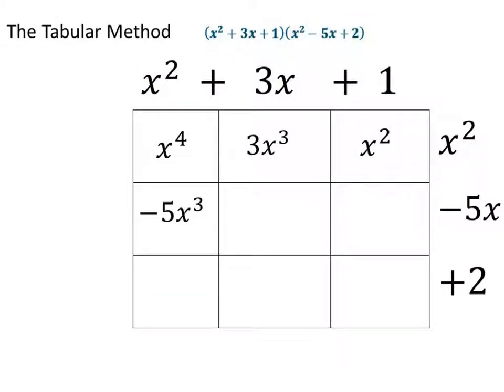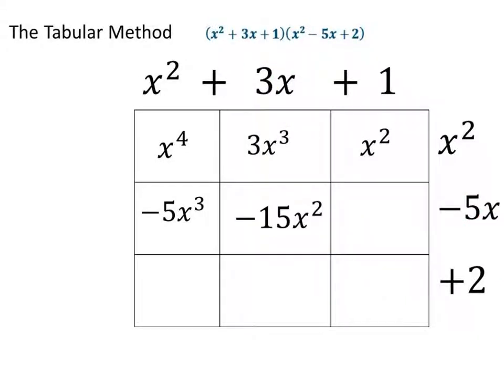Then we go to the next box, and we do exactly the same thing. We do 3 times negative 5 is negative 15, and then x times x is x squared. Go to the next one. We do 1 times negative 5 is negative 5, and this x is just by itself, since x times 1 is just x.